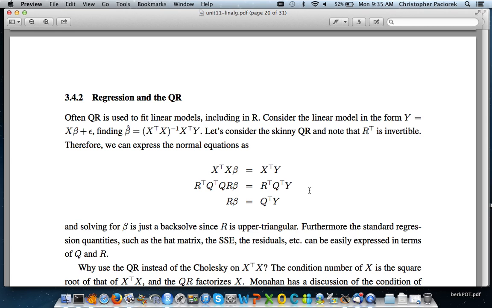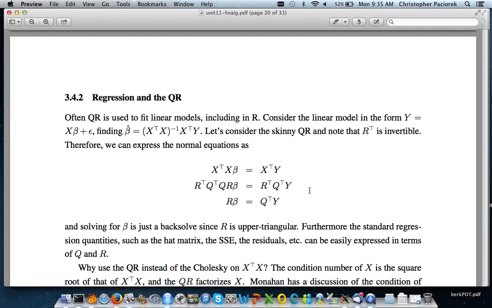That's just the identity. We get R transpose Q here. R transpose is invertible, so we can just pre-multiply each side of the equation by R transpose inverse. And we get it down to just R beta equals Q transpose Y. Well, if we've done our factorization in QR, all that's left to do in terms of finding beta is, this is now an upper triangular matrix, just to do a back solve. And we just go ahead and do a back solve, and we've got beta.